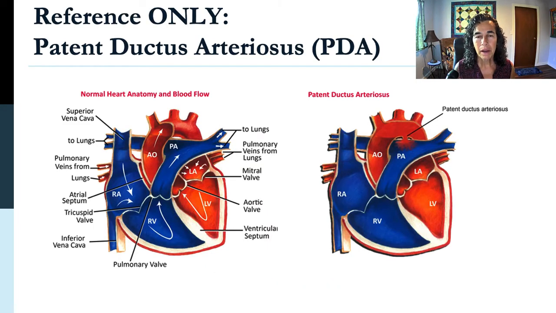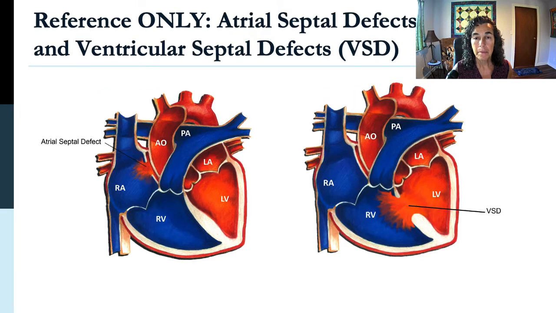So now I have a range of slides, and I'll go through these real quick. They're for reference only. You're not going to get tested on this, but it shows you the differences, in this case, normal heart anatomy and blood flow with PDA. Atrial and ventricular septal defects, right?